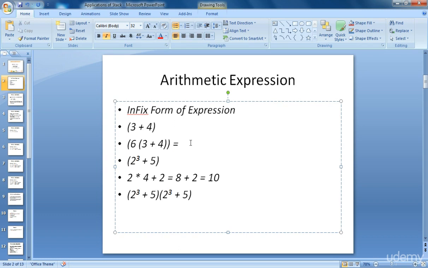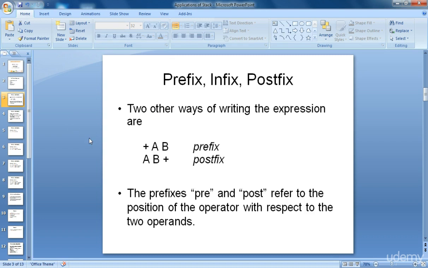But for the computers, it's a bit of a complex process. I need to take care of the brackets and the order of precedence. So in order to remove this complication, the computer scientists came up with a solution, and they call it postfix or prefix expressions, right?